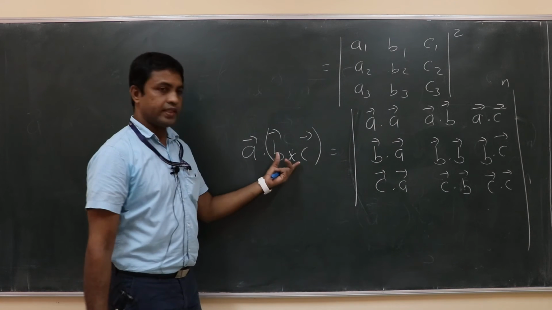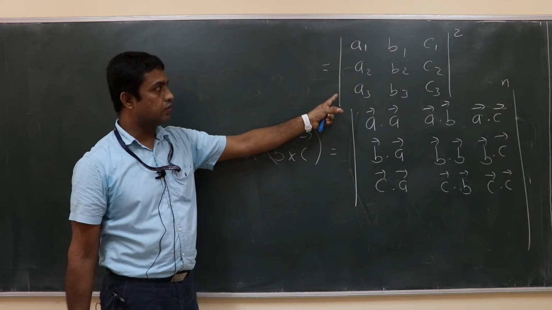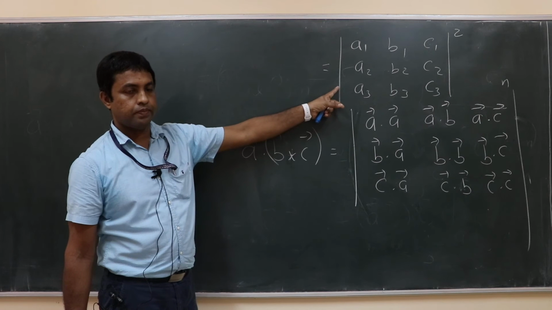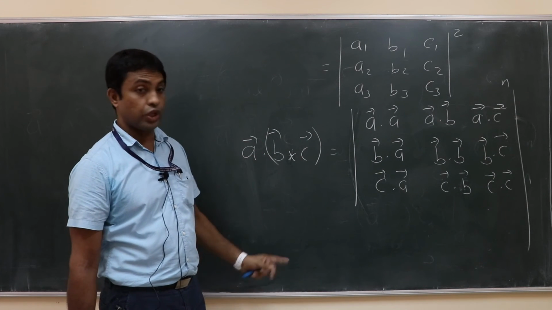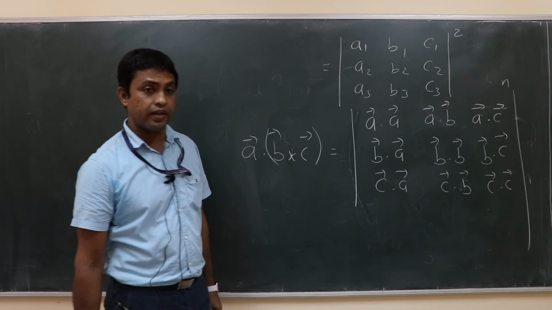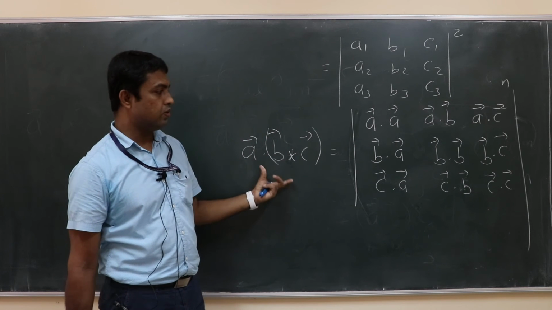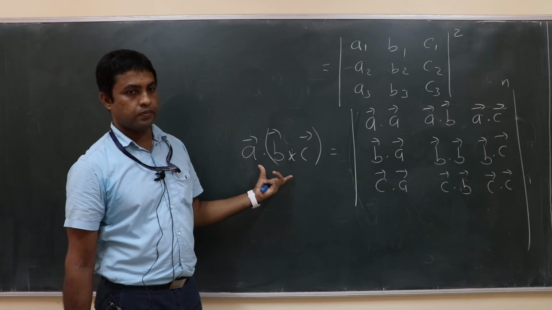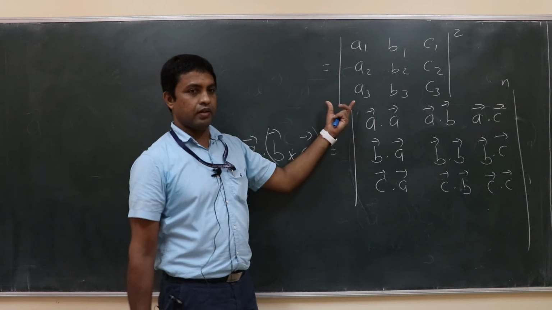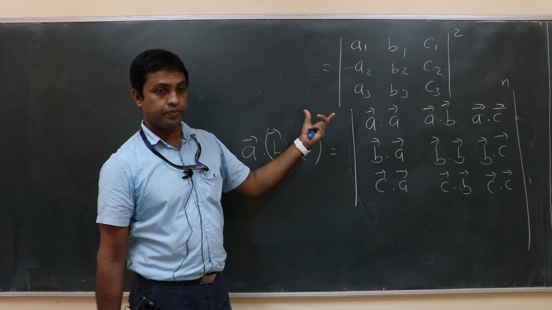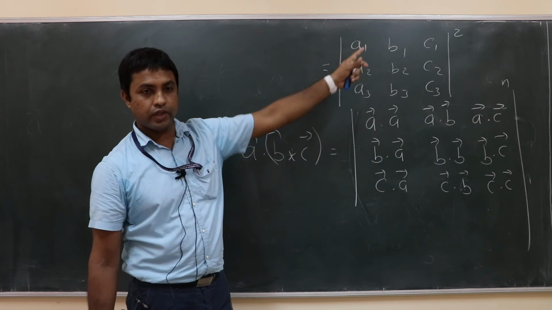If these three vectors are coplanar, what are you going to get? This quantity is 0. Otherwise, if they are not coplanar, this quantity will be equal to the volume squared. Can I say it is greater than 0? Yes, because it's a determinant squared.